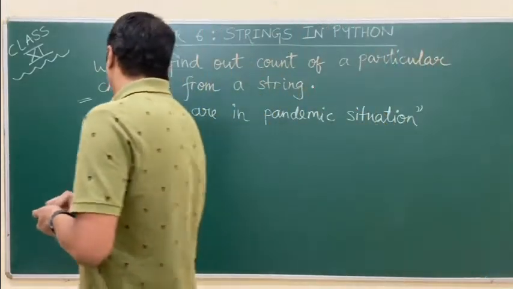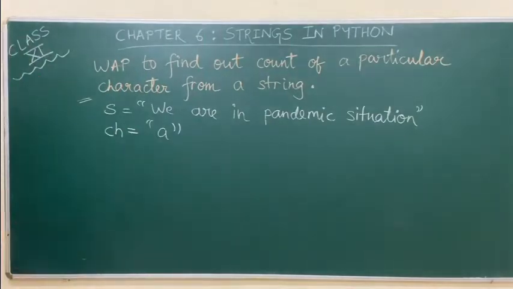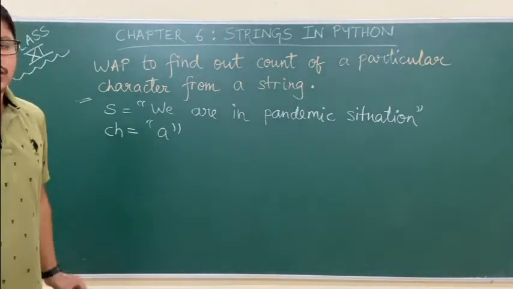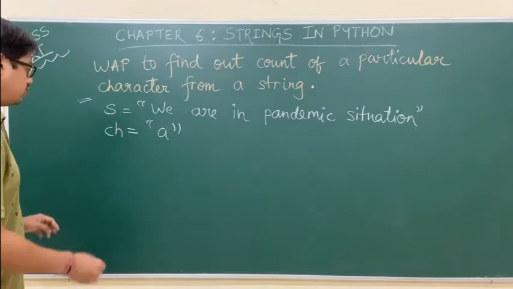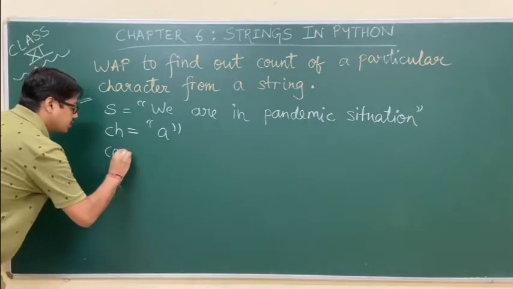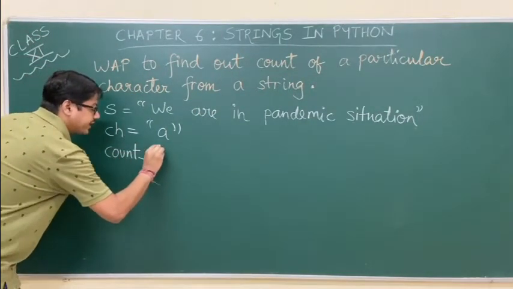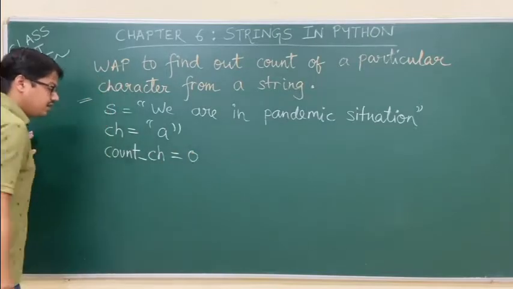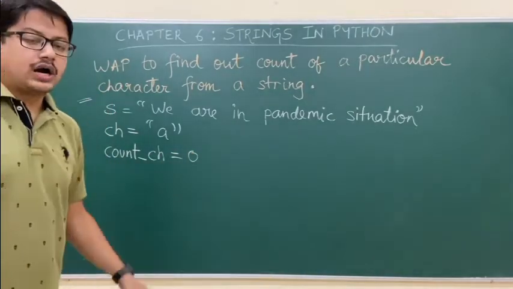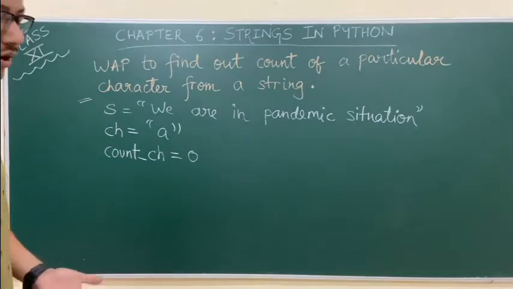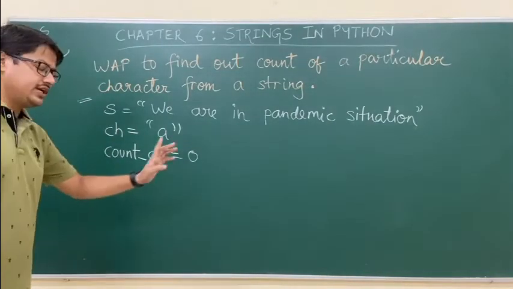Correct? So remember students, whenever we are dealing with any counter situation, we have to take a counter variable. Suppose count_ch is my variable that will maintain a counter for the same, so count_ch is equal to 0.